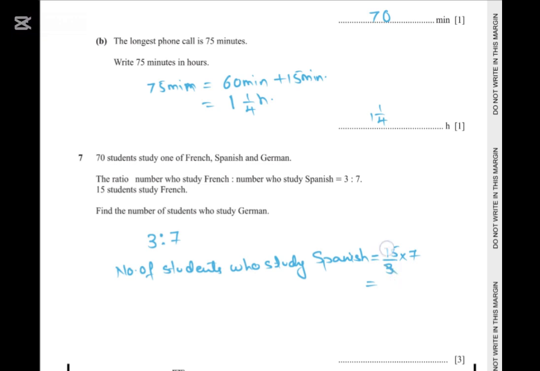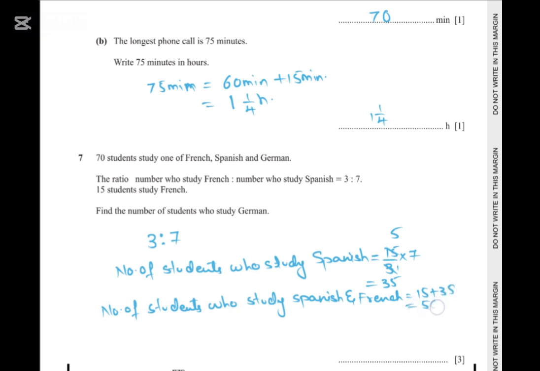So if I cancel out 15 with 3, 3 ones are 3, 3 fives are 15, I get 5 sevens are 35. Now 35 students study Spanish. The number of students who study Spanish and French is 15 plus 35, which is 50.